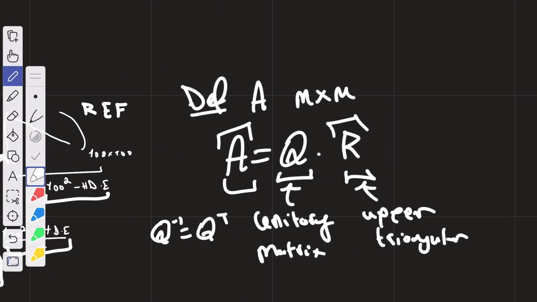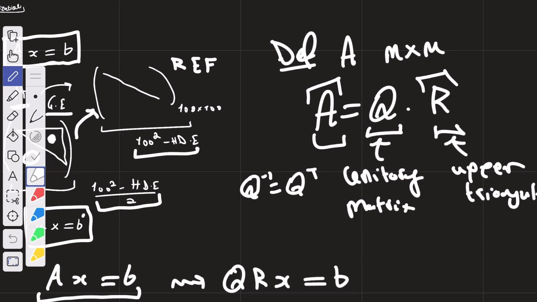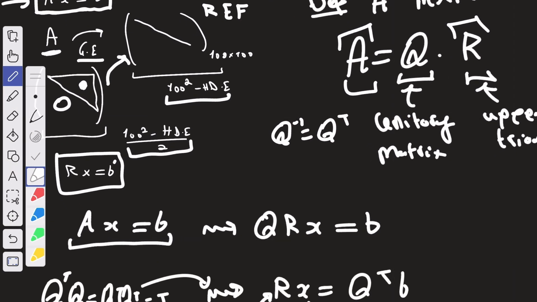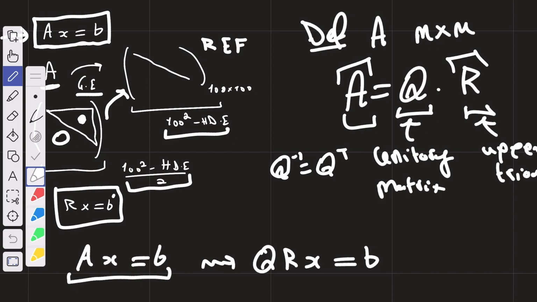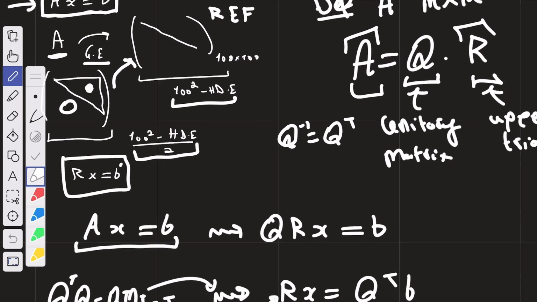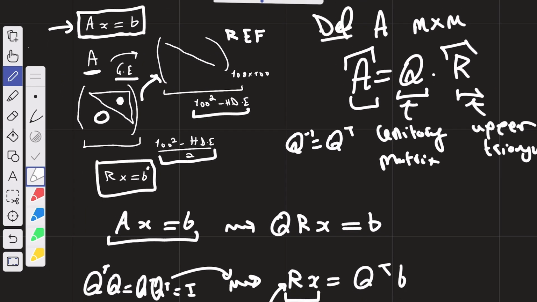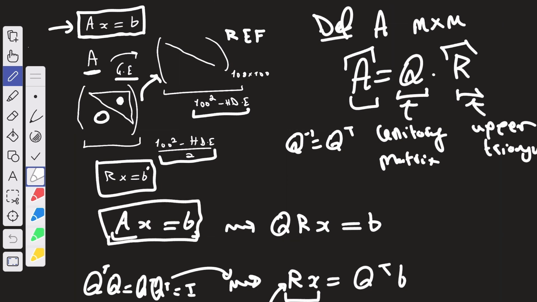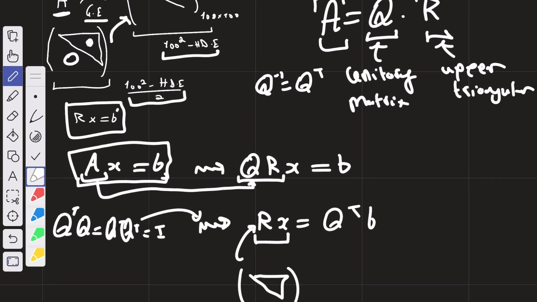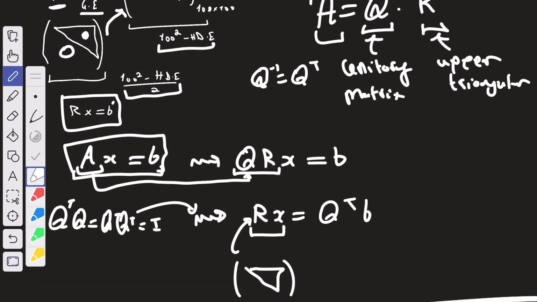Before I explain the procedure for calculating the QR factorization, let me tell you its usefulness. You start with a problem of the form Ax equals b, and you replace A by its QR factorization, and then you multiply both sides by the inverse of Q, which is the transpose in this case, and you get an equation of this form, where b prime is just a vector.